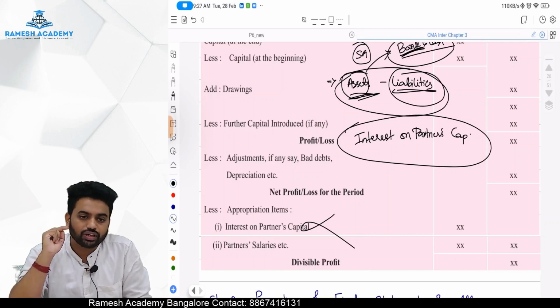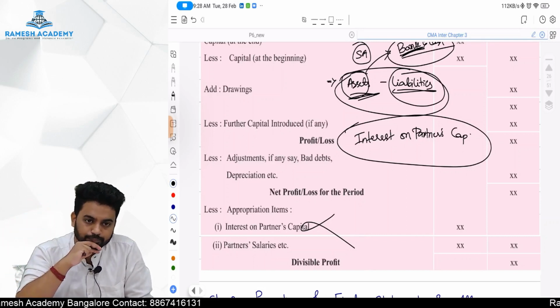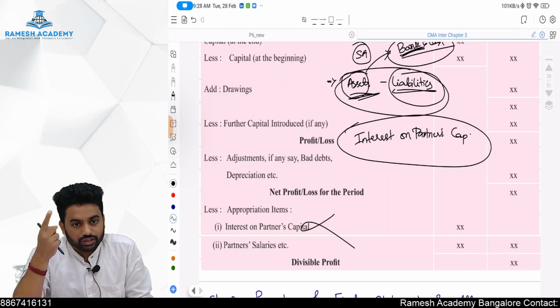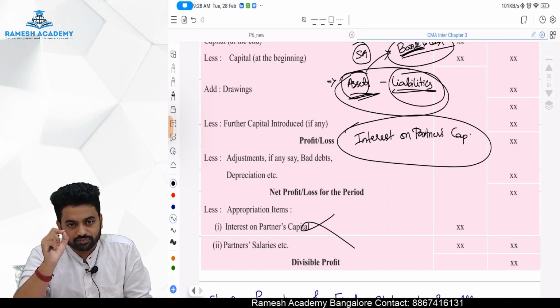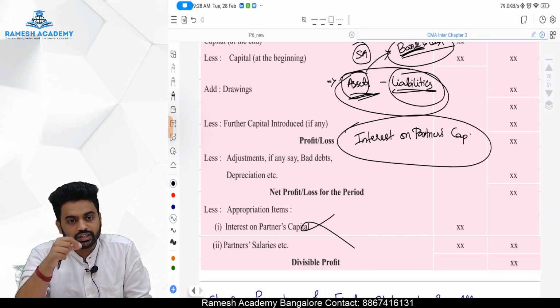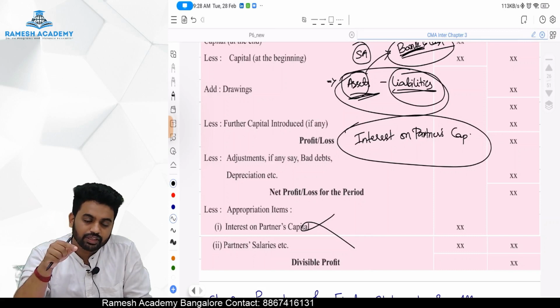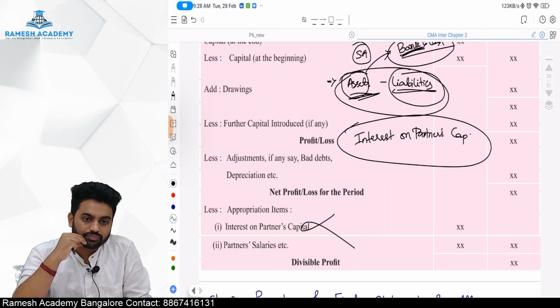So you have to adjust it separately after arriving at a net profit using the opening and closing balances of capitals. So always keep in mind, in a given question you have to ascertain whether your net profit or net loss, or whether your capital, is after adjustment of the particular item or not.